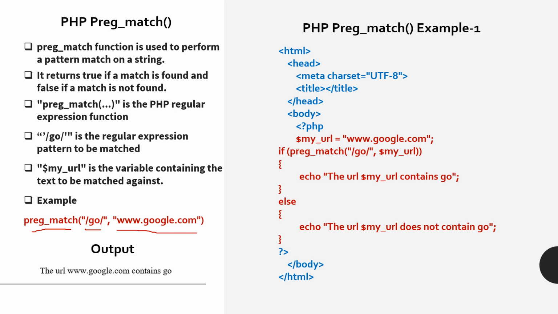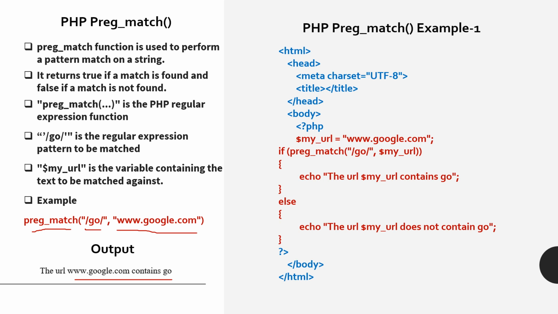So if go is there, that will return true, and using if else you can write that it is there, otherwise you can extract or do whatever is convenient. This is the output. This is the corresponding program that is checking.